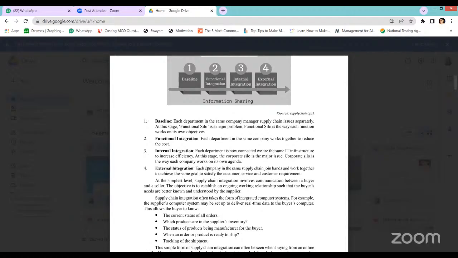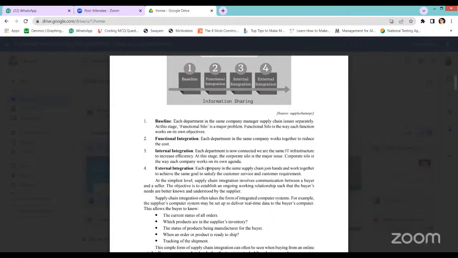So every company, say for example ABC companies, A company will have different departments. In every department there exists one supply chain manager to take care of the supply chain issues. And all these departments in A company will work together with functional integration towards the common objective.